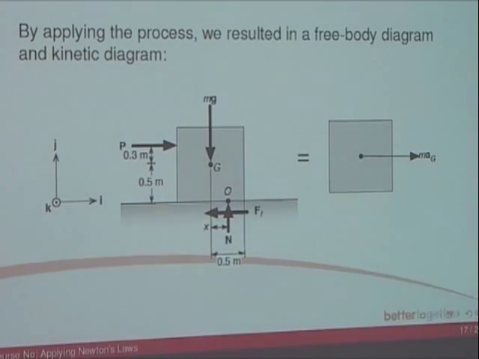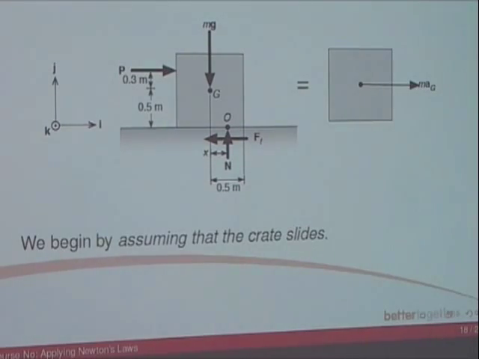And so, in this case, all the forces lie along the i and j axes. So we don't need to decompose any forces. We just take the x and y components of those forces, and obviously, some of them will have no y component, and some of them will have no x component, okay? And the last thing is we're going to make the assumption that the crate slides.